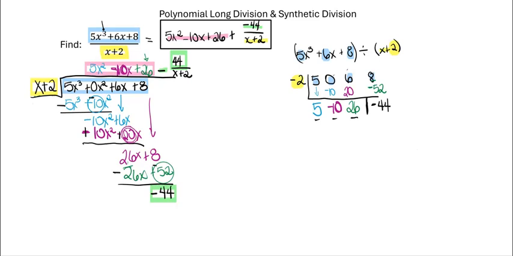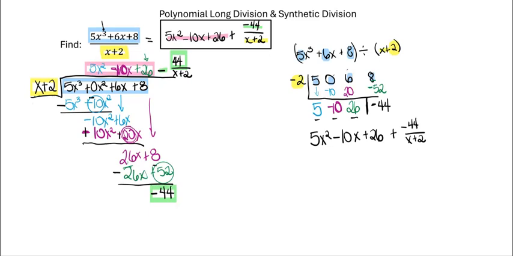So it's going to be x squared. So my 5 becomes the new leading coefficient, 5x squared. My -10 becomes -10x. And my 26 is my constant. That's my quotient. Plus I have a remainder, and my remainder is -44 over my divisor, x plus 2.